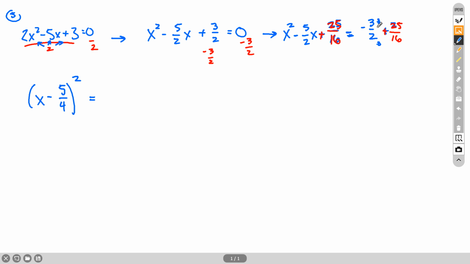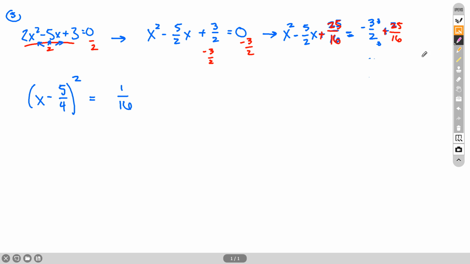So if I multiply the top and the bottom by 8, this is actually negative 24 over 16 plus 25 over 16. Just add the numerators. So I get 1 over 16. Negative 3 halves plus 25 over 16 is 1 over 16.